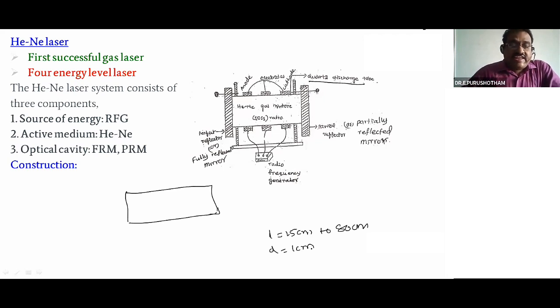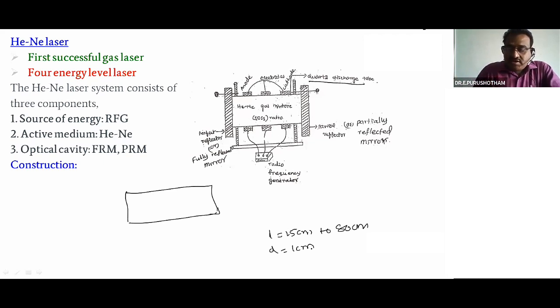So the helium neon laser consists of a quartz tube with length 15 to 80 centimeters and diameter 1 centimeter.